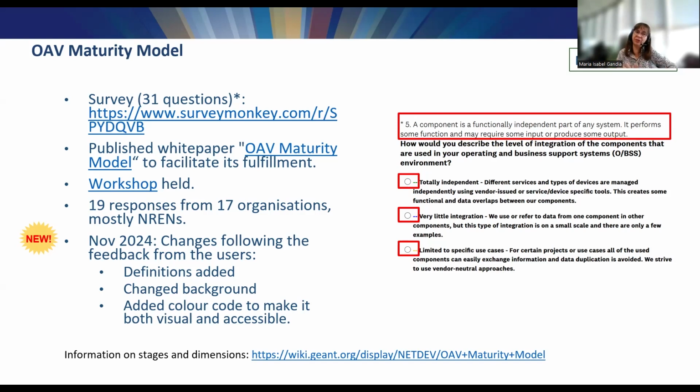So we prefer to change the background, put everything in black and white, but then add the colors as you can see here in the slide. So if you see these 3 squares here, this is something new with the colors as in the white paper, and we also added the definitions that were not there at first.